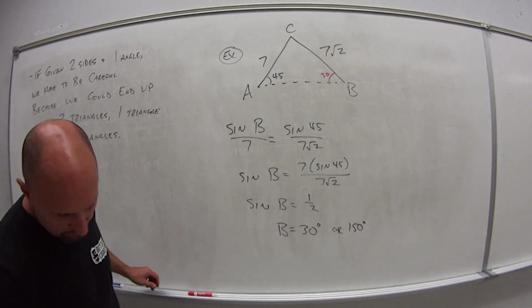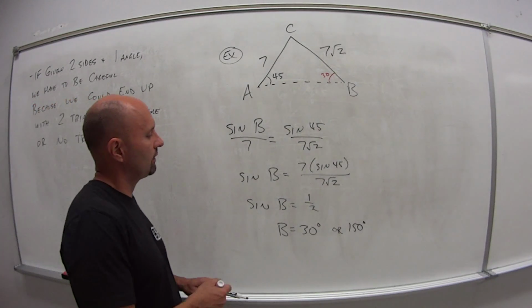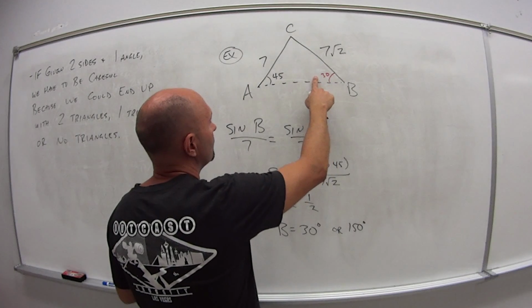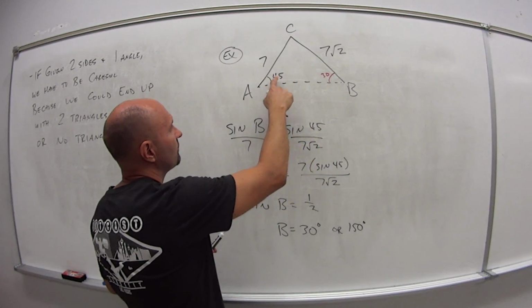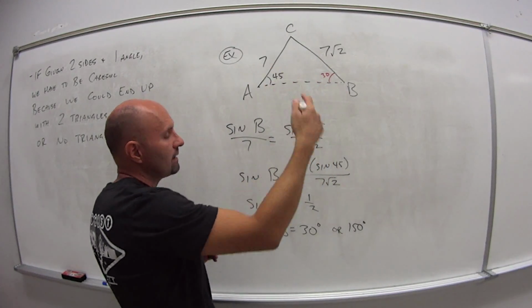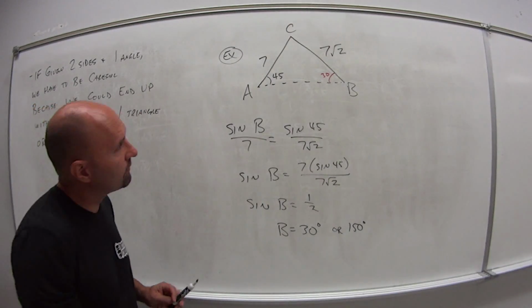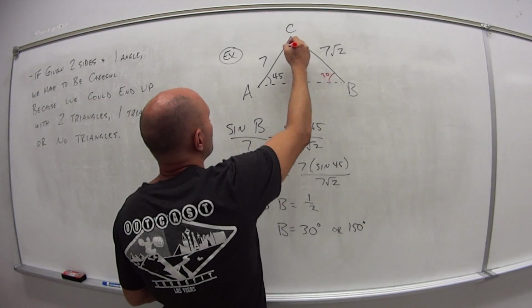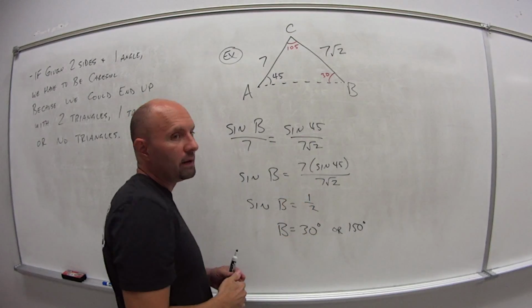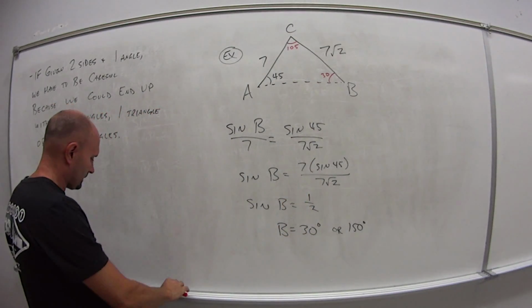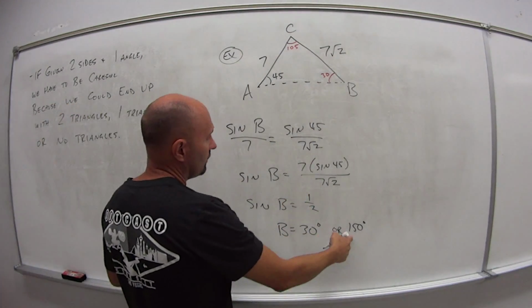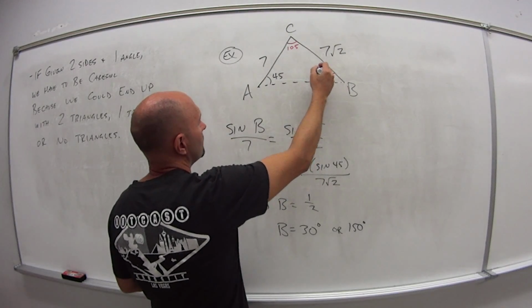Does this make sense? If B is 30 degrees, A is 45 and B is 30, that's 75 degrees, so angle C would be 105 degrees. But what if B is 150 degrees?